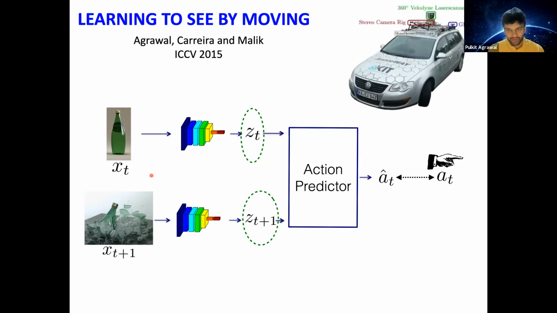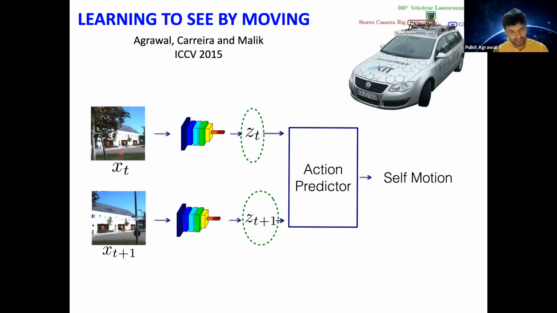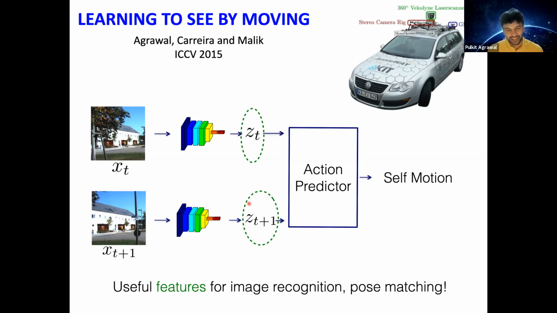For example, if you take data from cars moving around, with images taken from the car at some point and at some other point, you can try to predict your self-motion. It turns out that by just doing this prediction, you can learn features which are useful for doing image recognition, pose matching, and so on.